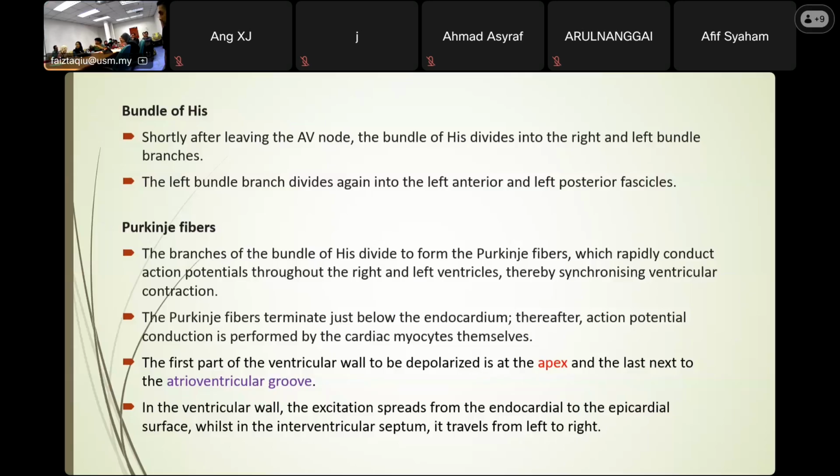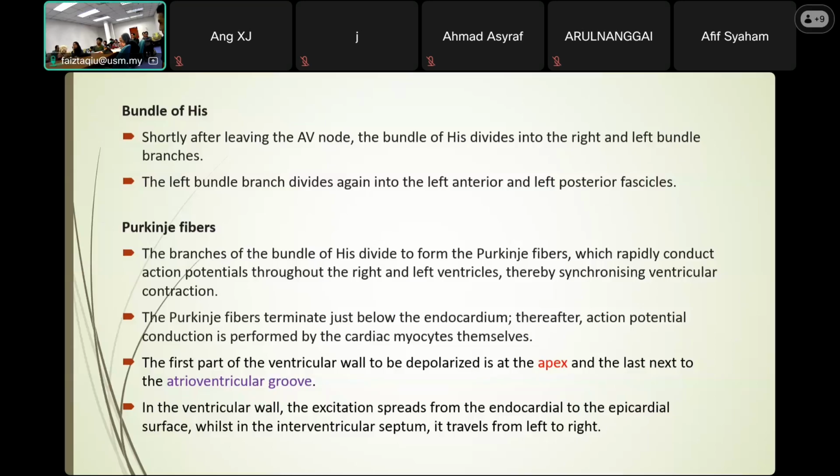Why has this conduction pathway been arranged that way, so that the apex will contract first? It synchronizes contraction. You should start from the apex to get a good ejection fraction and cardiac output.